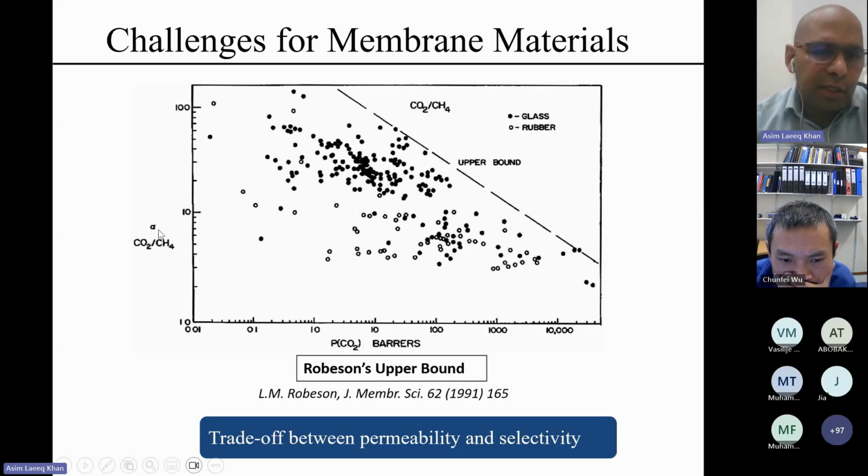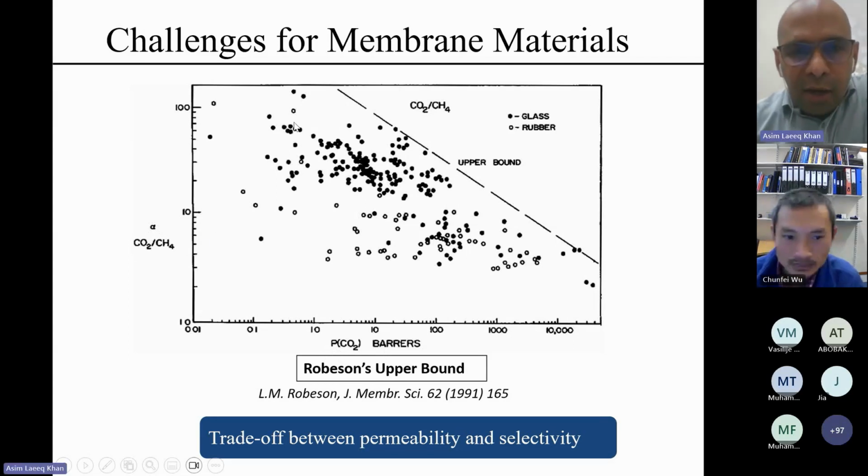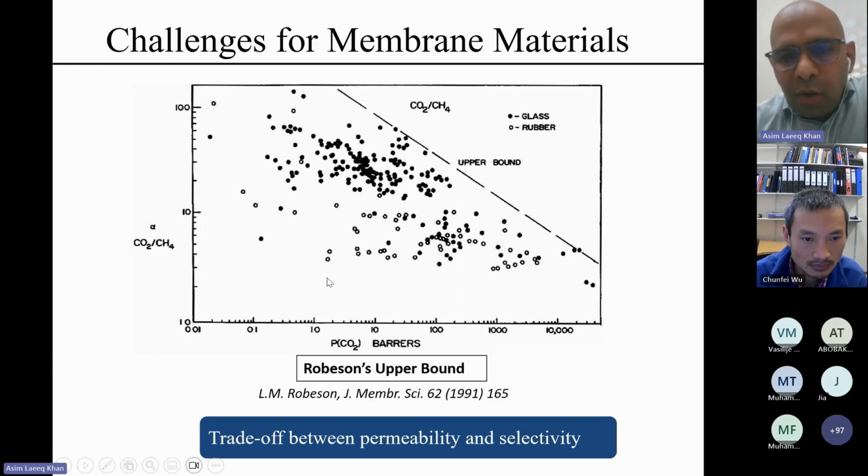On the y-axis, we have selectivity, that is, how selective a membrane is for CO2 in comparison to methane. Here, we can see a variety of polymers, and for each polymer the permeability and selectivity are plotted.